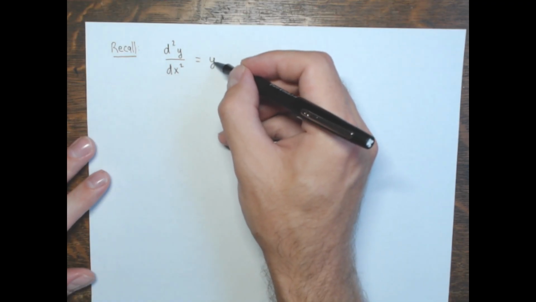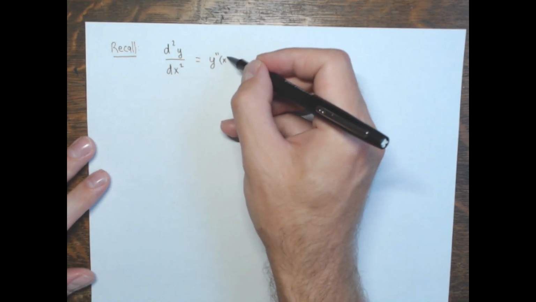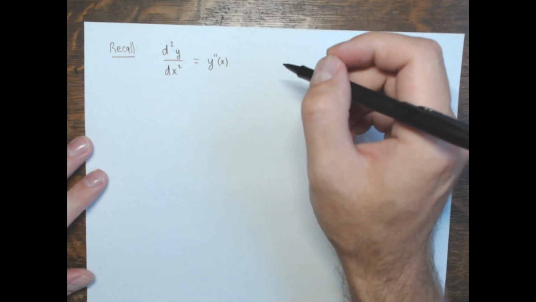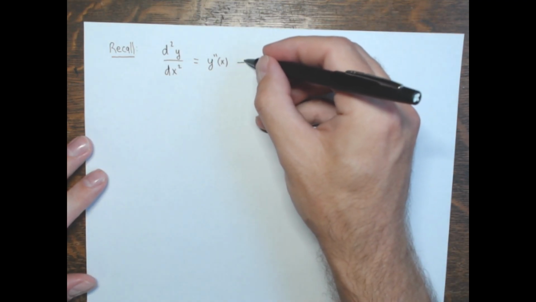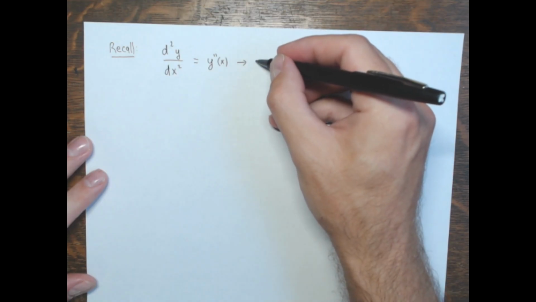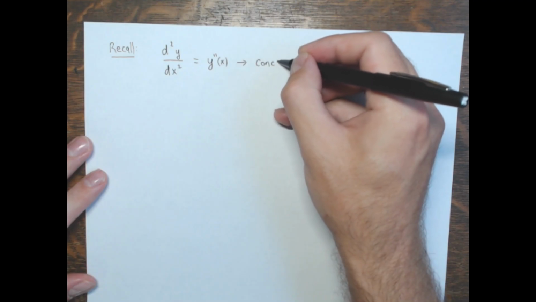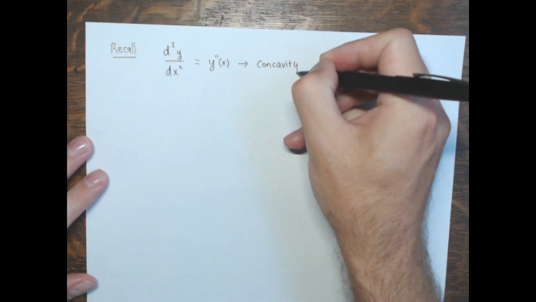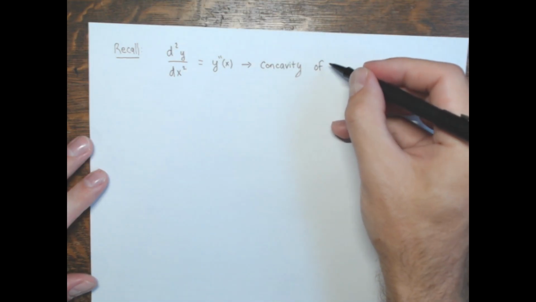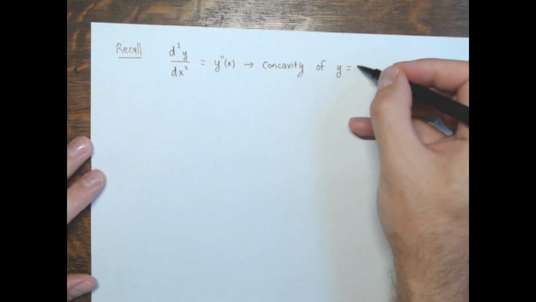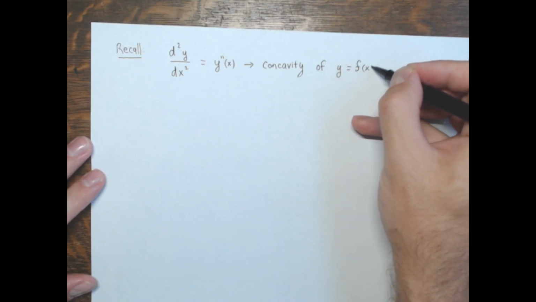So you could refer to this as y double prime of x or just y double prime. This told us about the concavity of the original curve, right? Y equals some function of x.